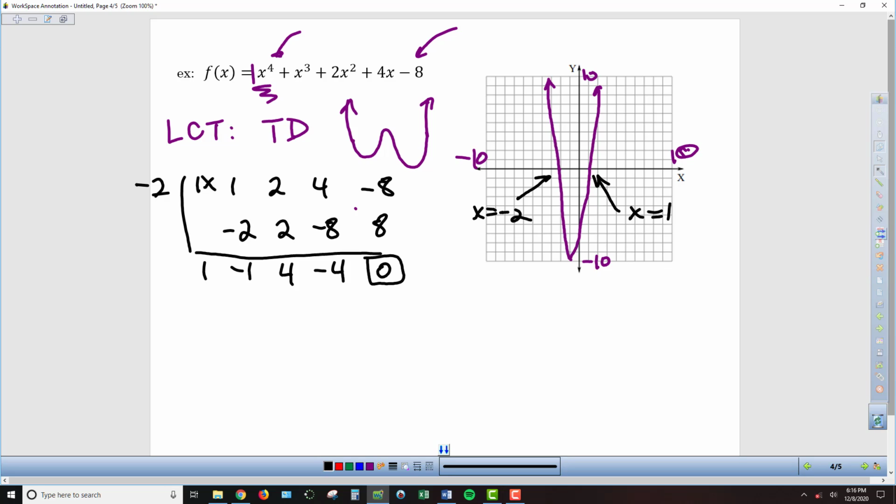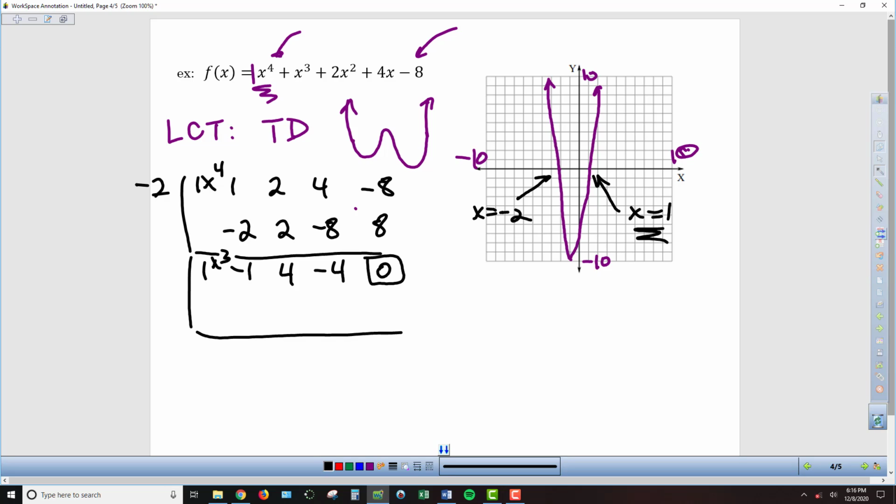So we've gone from x to the 4th down to x cubed, but now we need to knock it down to x squared.